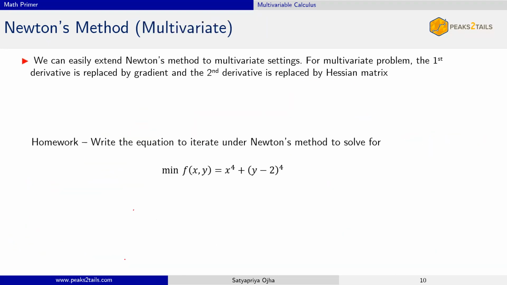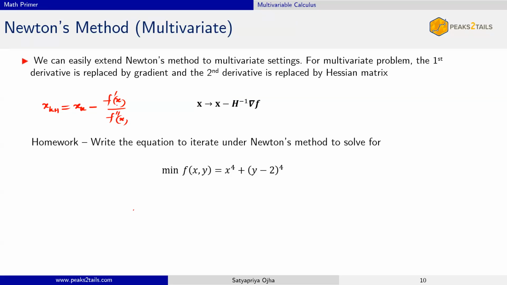The algorithm actually takes this form: xk plus 1 is xk minus the derivative, with the double derivative in the denominator. In the multivariate case, we need to use gradients and Hessian matrices.